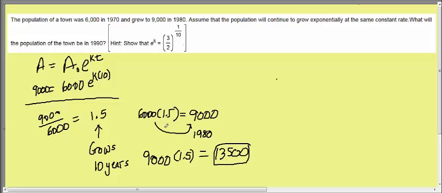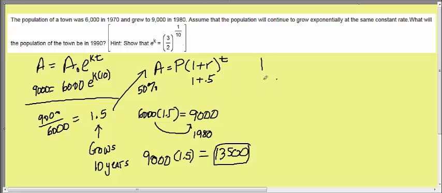In fact, if we take a look at this 1.5, and if you recall this annual growth rate, in this particular case, this would be a 50% growth rate, because it's like saying 1 plus 0.5 here.